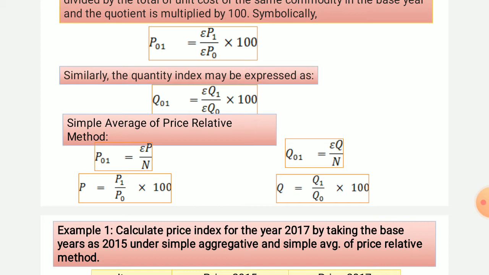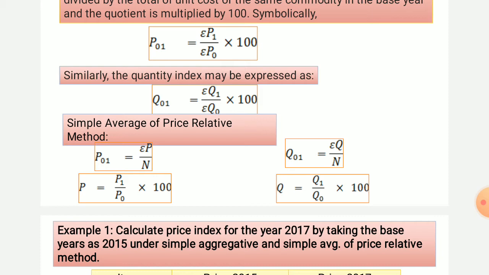Under simple average of price relative method, the formula to calculate the price index for current year P01 equals sigma P by N, where P stands for price relatives. So that can be known as P1 by P0 into 100. Current year price divided by base year price into 100.